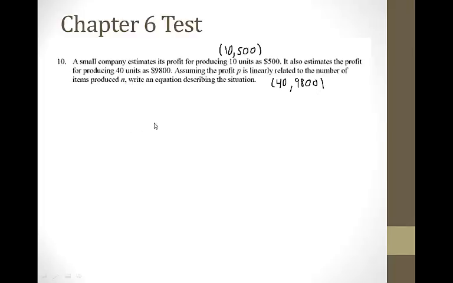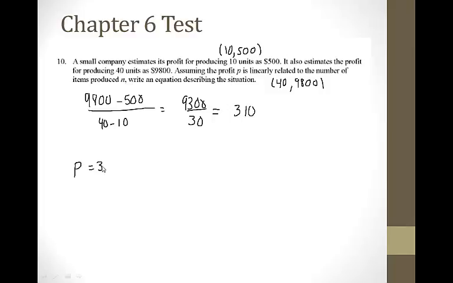So I'm going to start by finding the slope. And then I'll divide this and I get 310. So that's my slope. So P equals 310N plus some y-intercept.